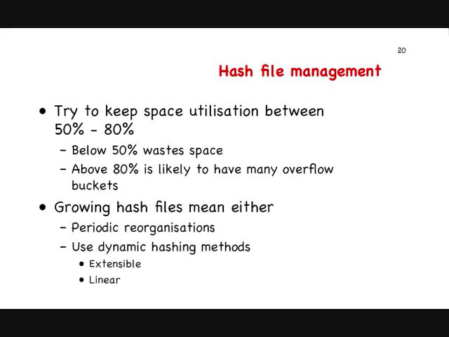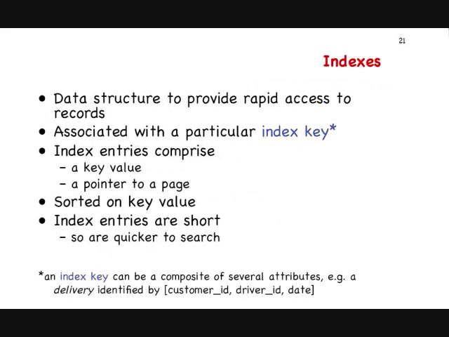Okay. So if our hash file grows, we're either going to reorganise or use some dynamic hashing method, which is extensible hashing, linear hashing, whatever. I think at the end I've got a couple of references to hashing algorithms for anybody who gets excited by such things. But essentially, hashing has got limited uses, and it's good for that.